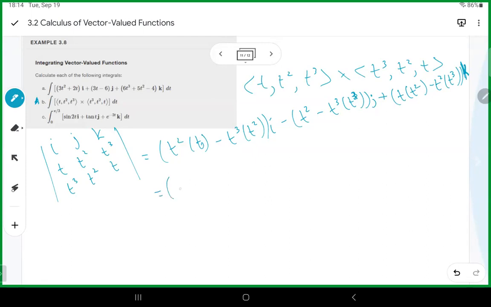Bring that together and we get t cubed minus t to the 5th i minus t squared, no, they switched it around. They brought the negative in. So they did plus t to the 6th minus t squared j plus t cubed minus t to the 5th.